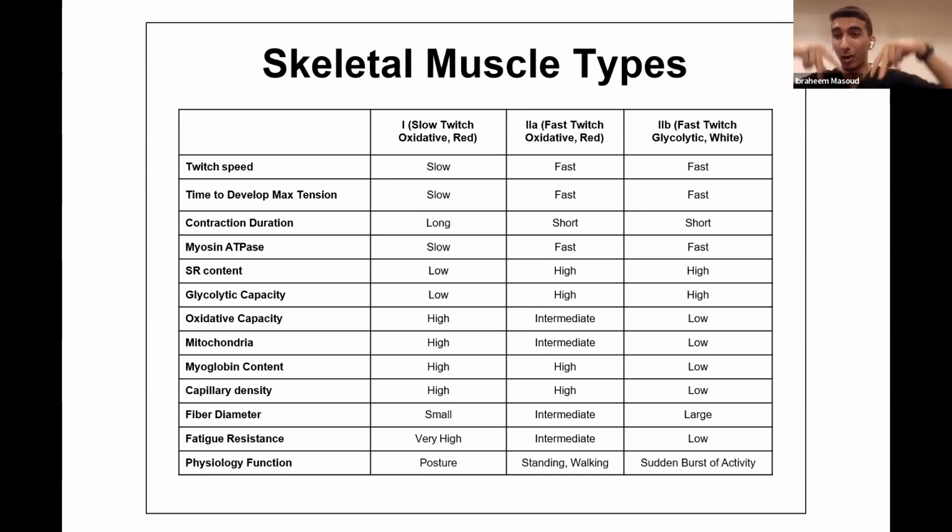Chicken legs stand all day, they need oxygen, they're slow twitch, so they're red and need mitochondria. Chicken breast is white because they don't use their chest all day. How many times a day do you use your chest? Not much, right? So it's fast twitch and white, glycolytic.